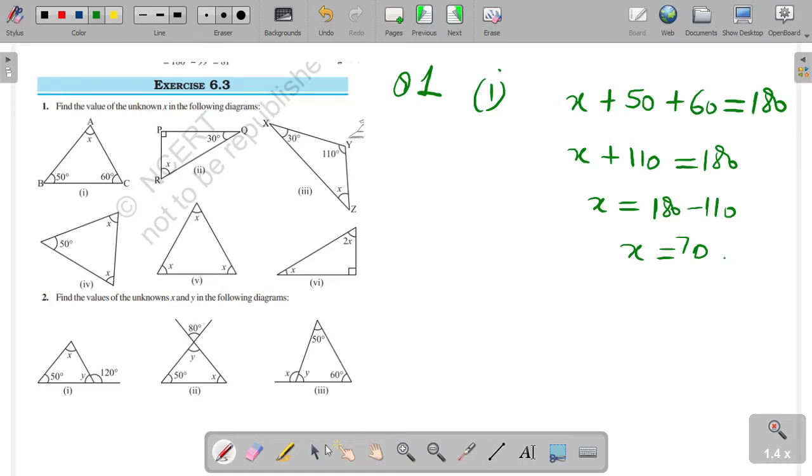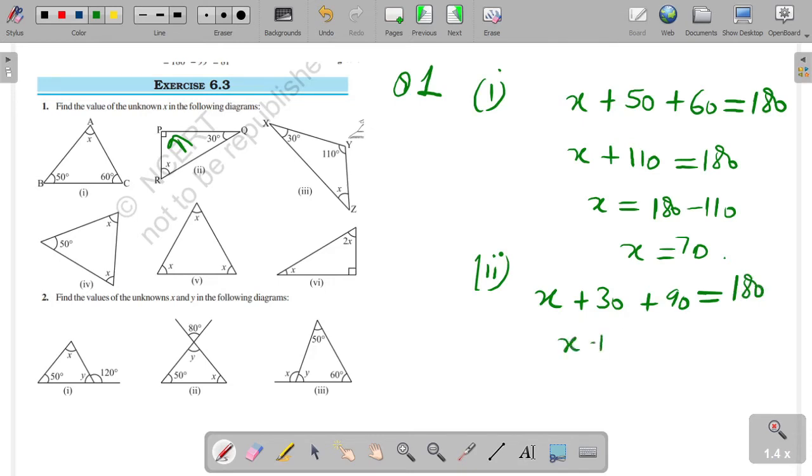Then the second part. In the second part you can see this is 90 degrees. So we write it as x plus 30 plus 90 equals 180.